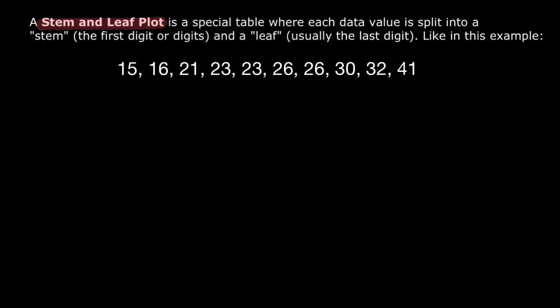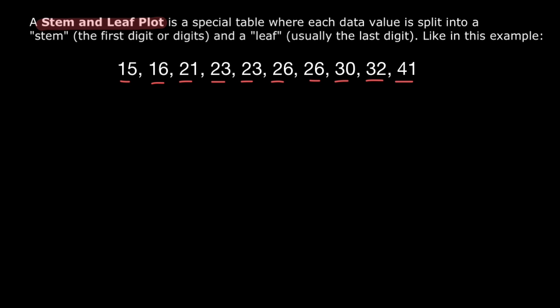So stem and leaf plot is a special table where each data value is split into stem, the first digit or digits, and leaf, usually the last digit. So here we have a set of certain numbers. Some of them start with 1, some with 2, some with 3, and some with 4.